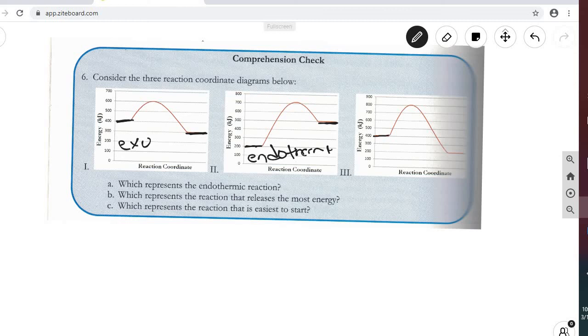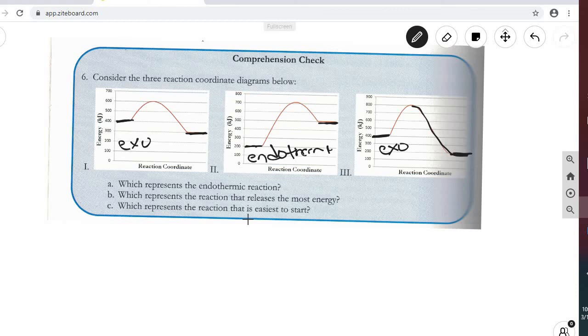And the same thing over here. Here's our product. Here's our reactant. So here we're going to have 200 minus 400. That's going to give us a negative number. So that's also going to be exothermic. So numbers 1 and 3 are both endothermic reactions. This one would release more energy because you can just see you're going from 100 to 400.